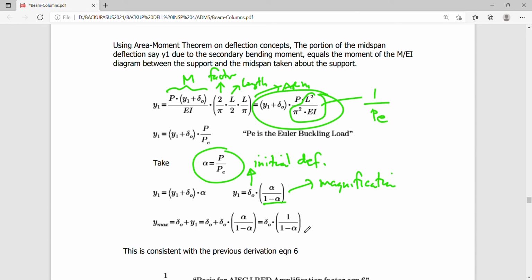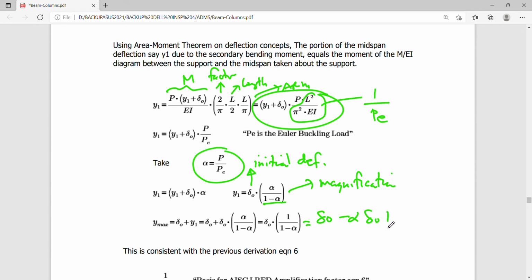If I take the LCD, this becomes delta O minus alpha delta O, am I correct?